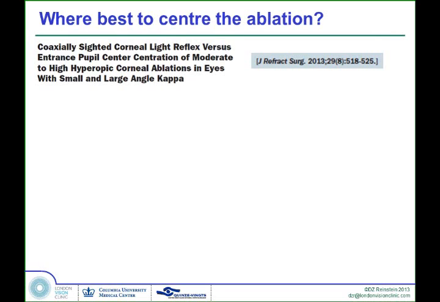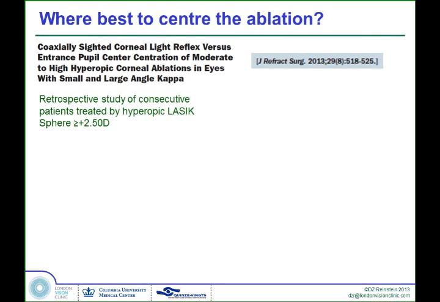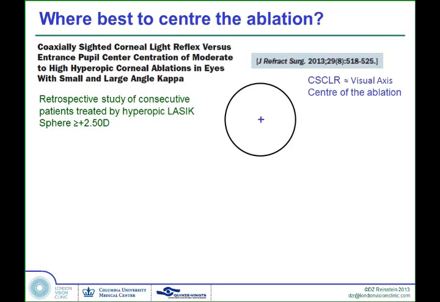We've recently published a paper in the Journal of Refractive Surgery, published last month, where we did a retrospective analysis of consecutive patients treated for hyperopic LASIK with a minimum sphere of 2.5 diopters. All patients were treated on the coaxially sighted corneal light reflex, which is the best approximation of the visual axis.